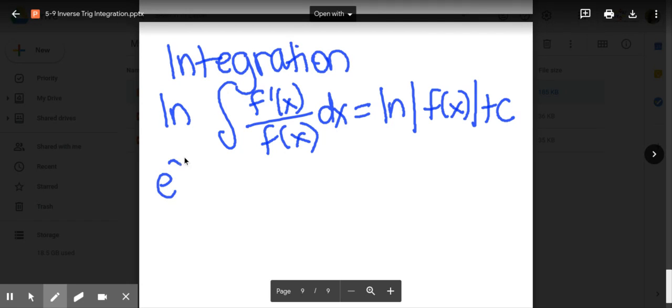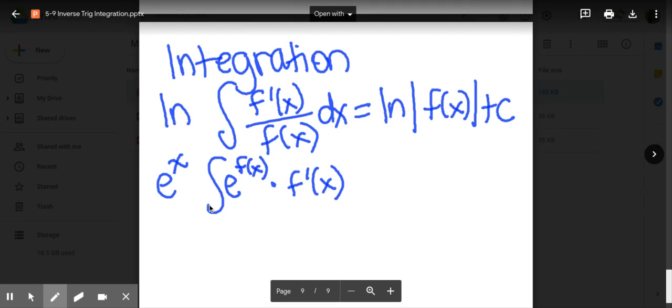Another one we want to review is e to the x. If you have e raised to the f of x, you know its derivative is itself times the derivative of the exponent.